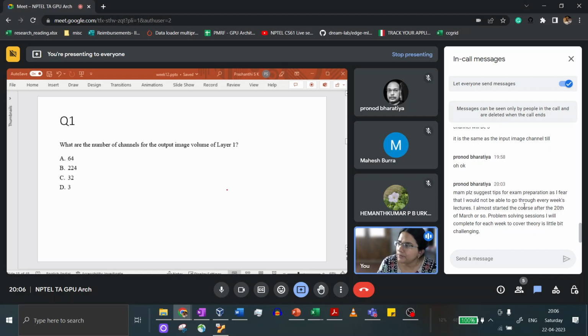What you can try and do is to go through the slides, right? You'll get a little bit of an idea, and some slides might be easy for you to understand because, let's say, you've watched the problem solving sessions. For whatever you understand, you don't need to go back and watch the videos.